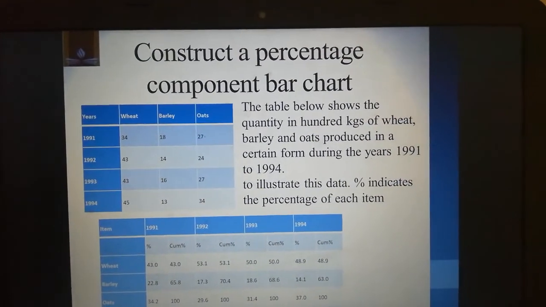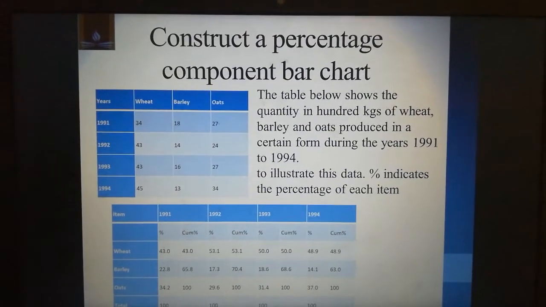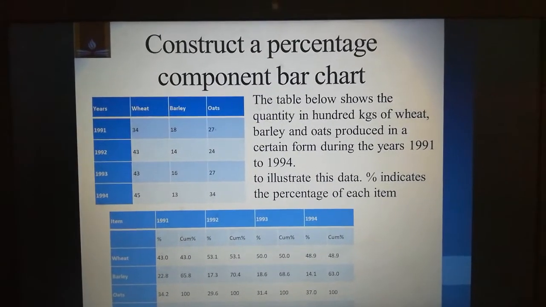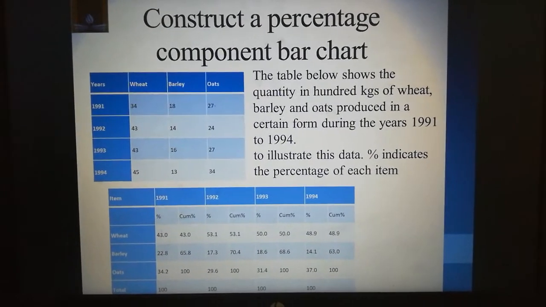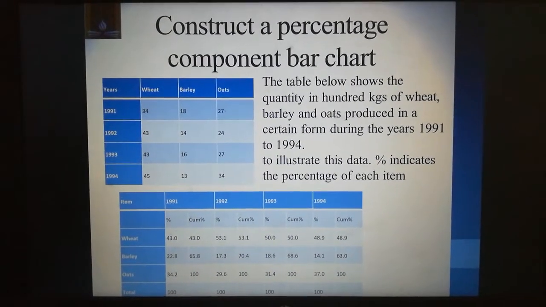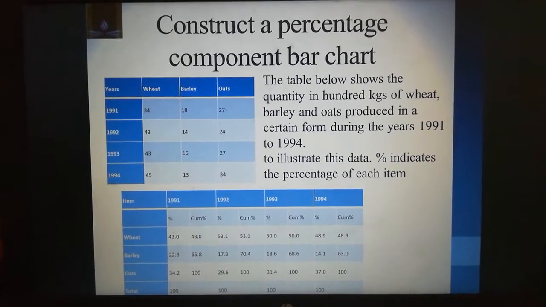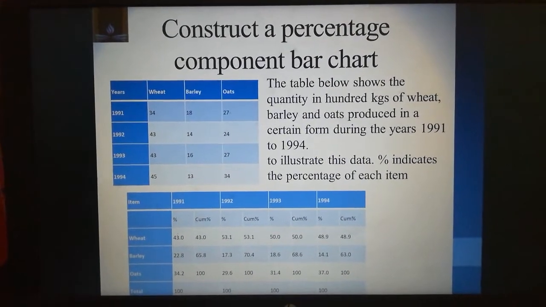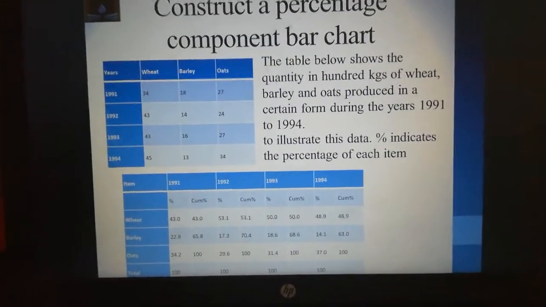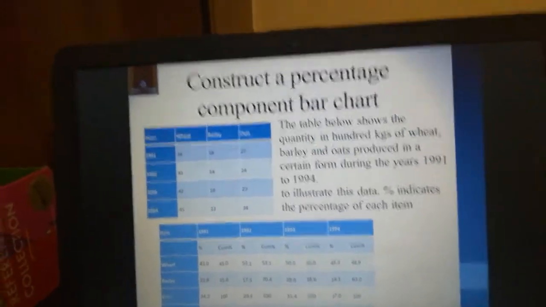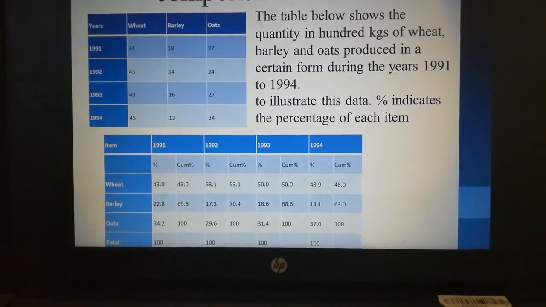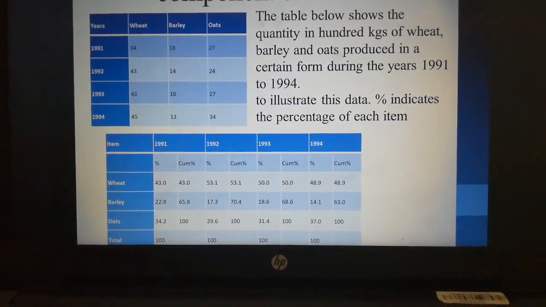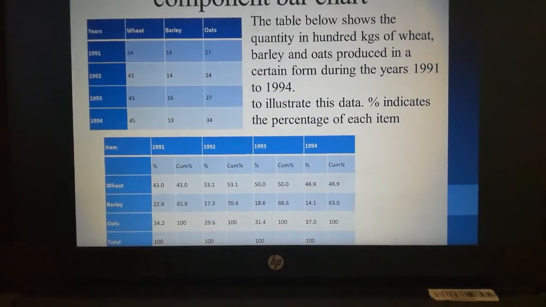To construct that, let's see how it can be done. This table shows the quantity in 100 kilograms of wheat, barley and oats produced in the years 91 to 94. To illustrate this data in percentages, we need to find out the percentage of the total. So in 91, wheat is 34, barley is 18 and oats is 27.